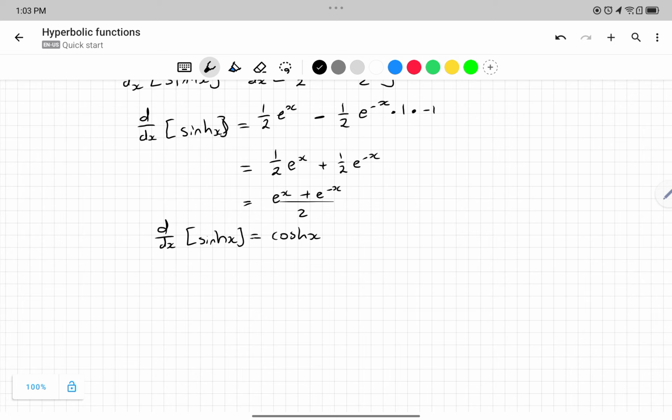But as you know, when we derive trigonometric functions and derive cosine, we get negative sine. In this case, for hyperbolic functions, when you derive hyperbolic cosine, you get a positive sign. So that is key emphasis. It's very important. I cannot stress how important this is.